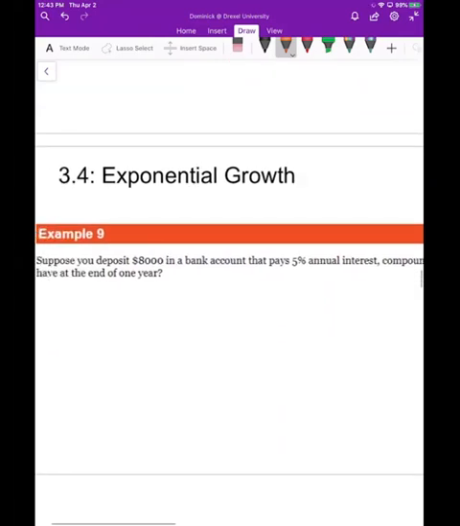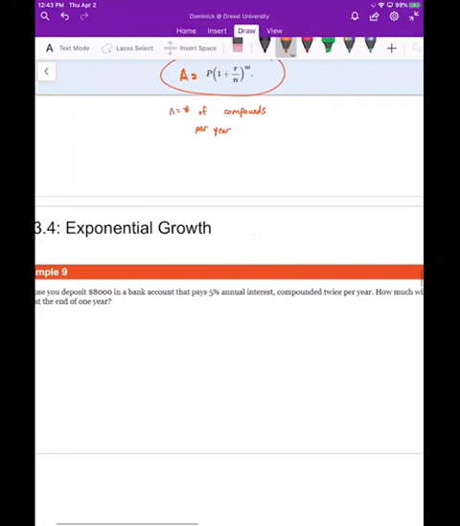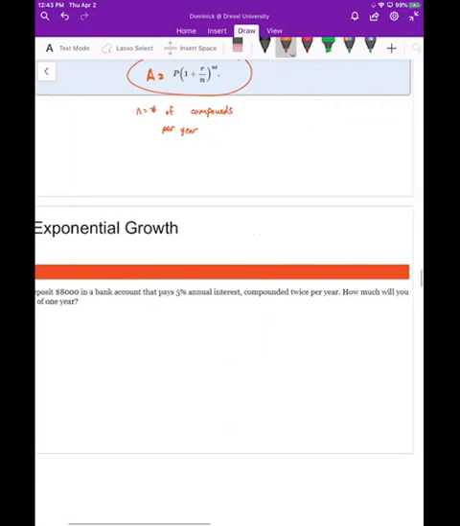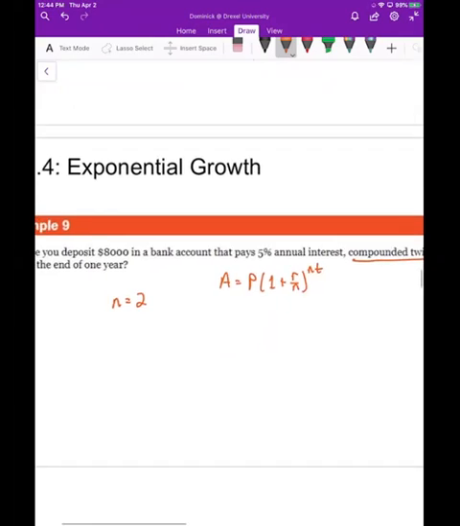Okay, now in this example, we're looking at the same scenario as before, but now we're compounding twice per year, which means n is equal to 2. So when we do A equals P times (1 plus r over n) to the nt, because this is multiple compounds per year, A is still what we're trying to figure out.